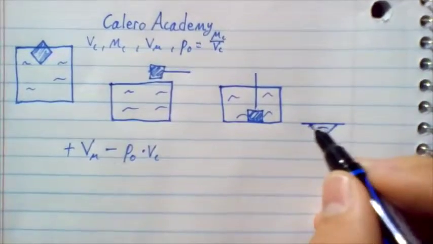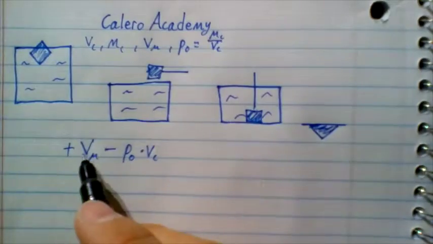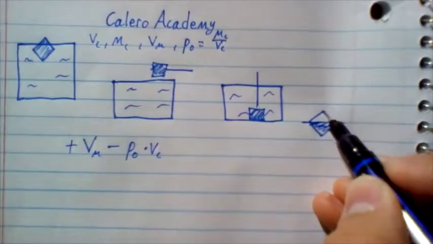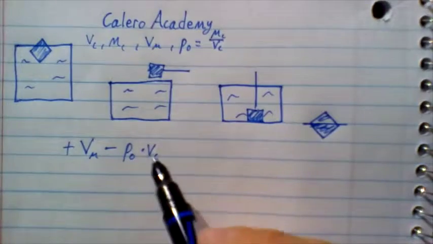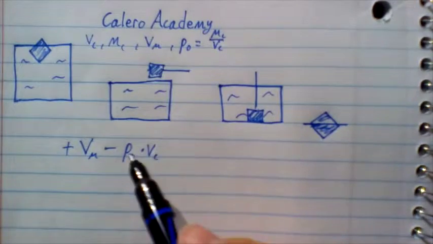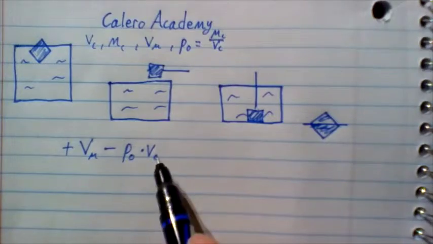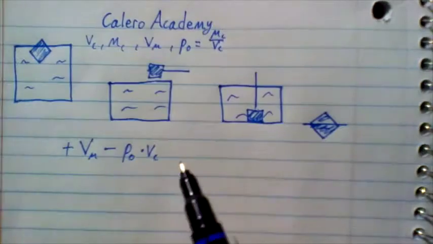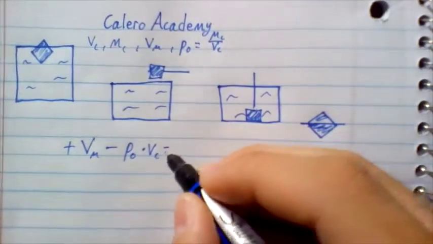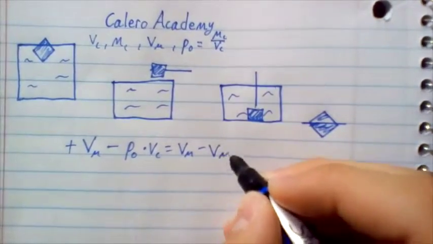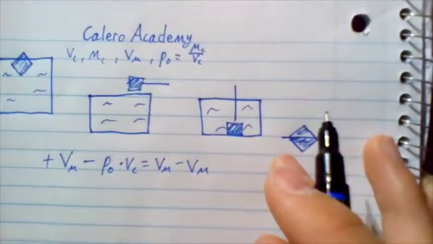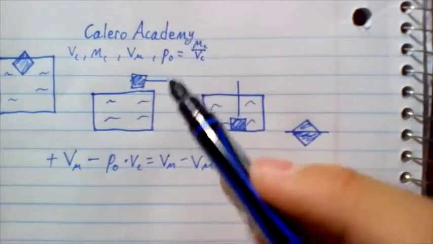We lose all the volume over here, but we gain this volume plus this volume once it's turned to water. And it turns out that these two effects perfectly balance out, because rho sub o times V sub c is equal to V sub m.